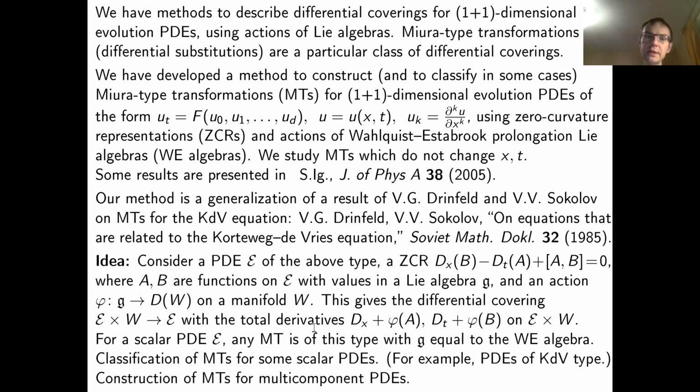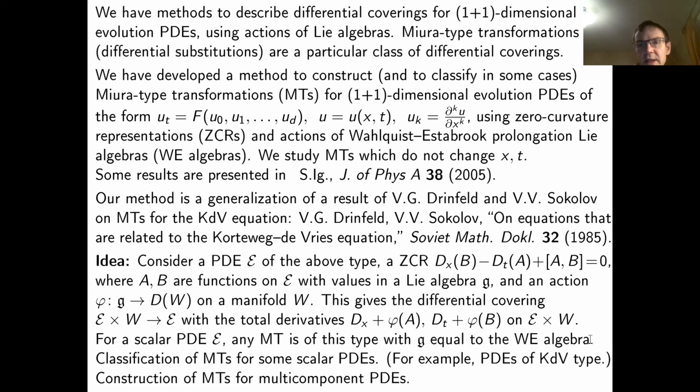So to determine in which cases this covering will be a Miura type transformation, the situation is as follows: if E is a scalar equation, then any Miura type transformation over E is of this type, where G is equal to the Wahlquist-Estabrook prolongation Lie algebra.